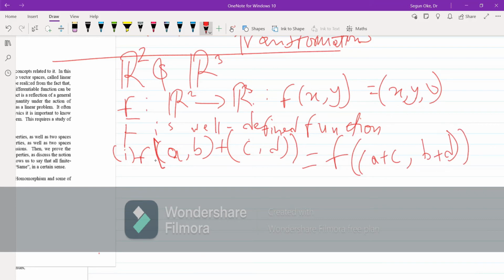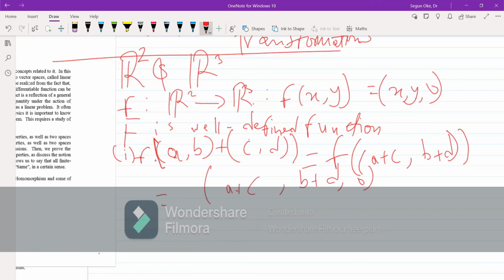I'm just trying to establish what we mean by this. They are all equal to a plus c, comma b plus d, everything comma 0. So you can see it has moved from R2 to R3.